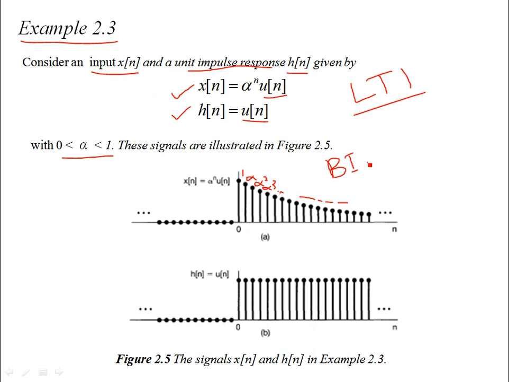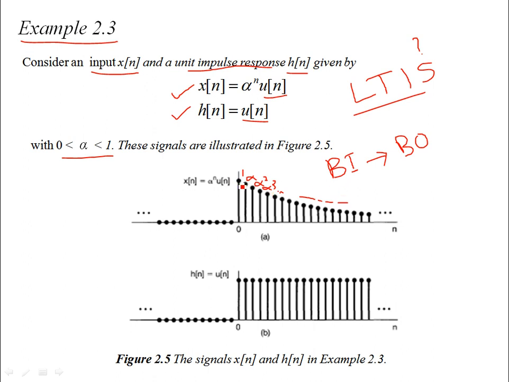Now if it leads to a bounded output, then there's a third qualification besides linearity and time invariance. So we have to find out whether it is stable or not, whether it is an LTI stable system. If a bounded input leads to a bounded output, then that's the criterion of stability of the system.